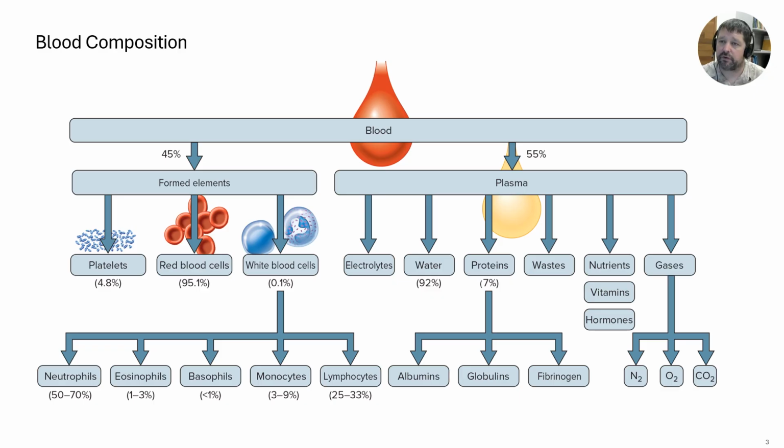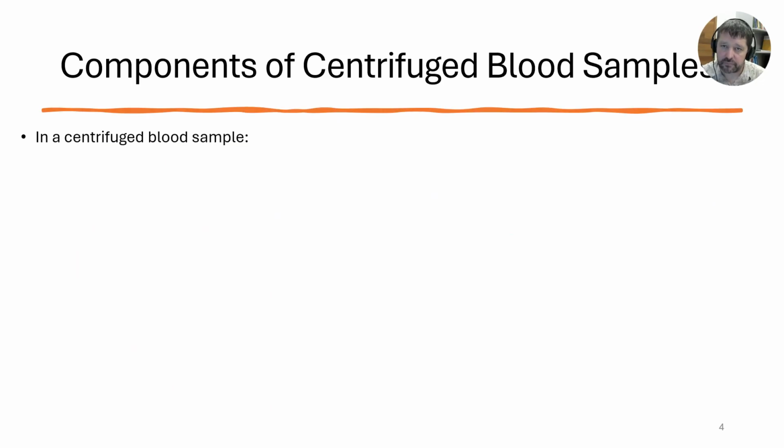Some of those waste products that are more solid would fill here. Some of the waste products that are more gases would fit in the gas category, things like nitrogen, carbon dioxide, and then of course oxygen being needed for cellular respiration. And then the nutrients, vitamins, and we just finished talking about hormones, and the hormones that are involved in plasma are very important.